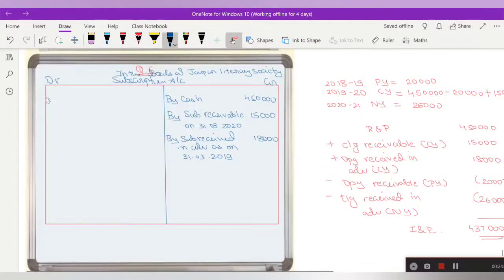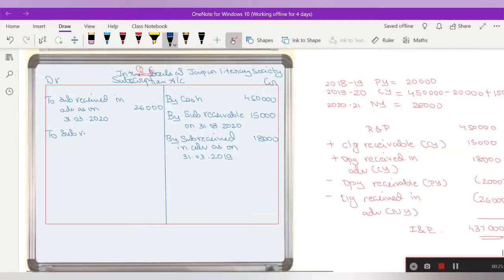Then to subscription received in advance as on 31st March 2020, that is closing, right? How much is it? 26,000.